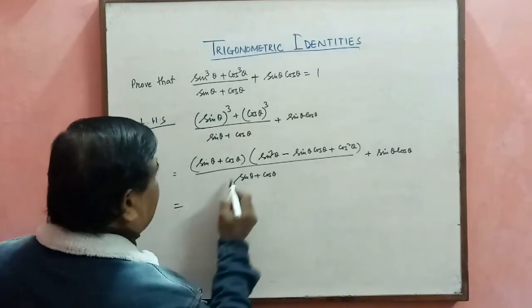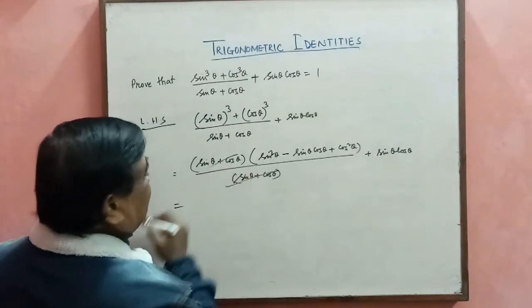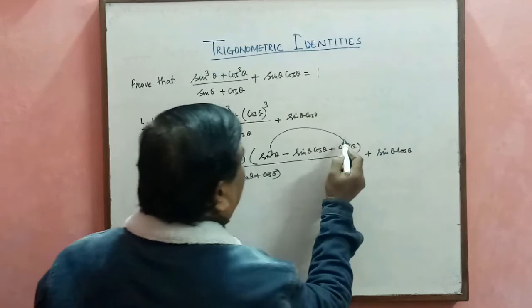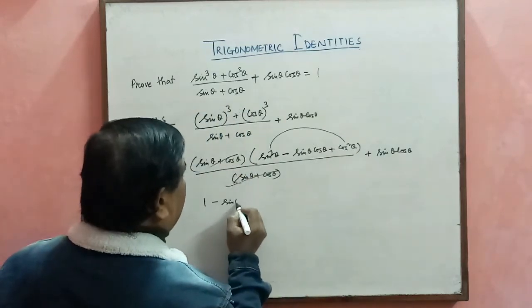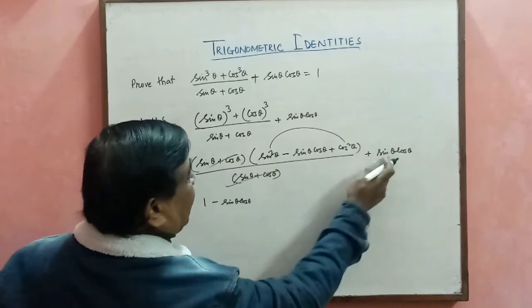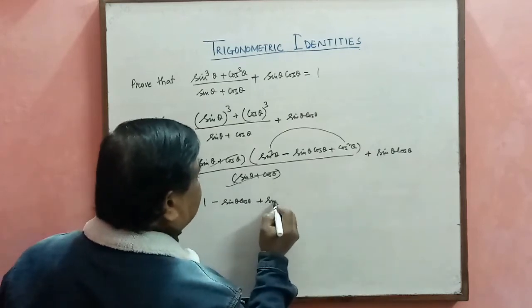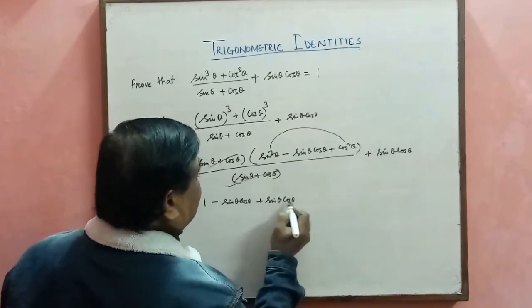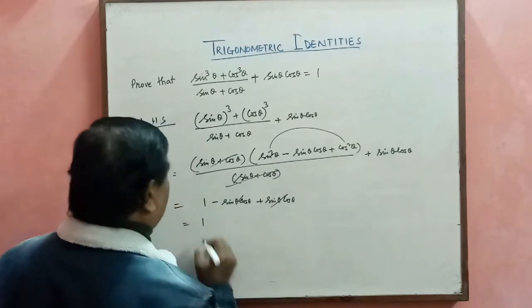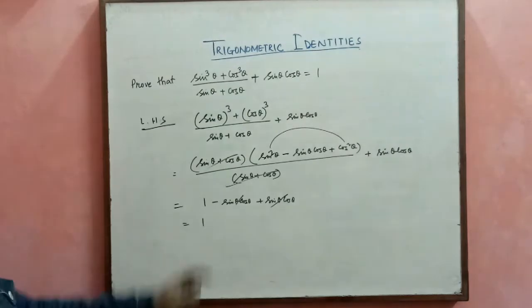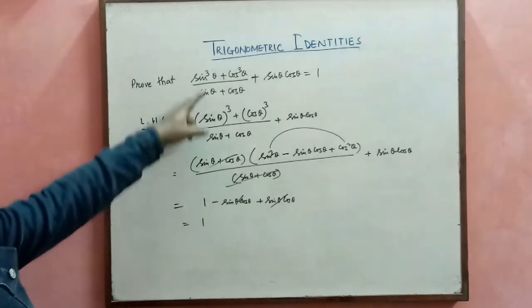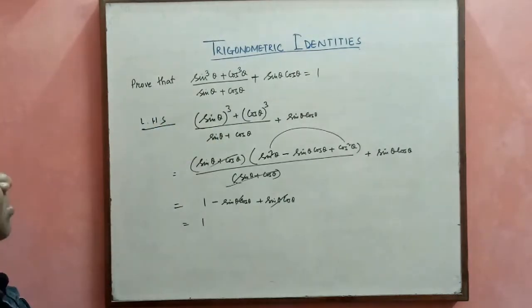Here you see this factor is already cancelled out. The sin square theta plus cos square theta is 1, minus sin theta cos theta, again plus sin theta cos theta. So this is cut. This is 1. This way we can prove these identities easily.